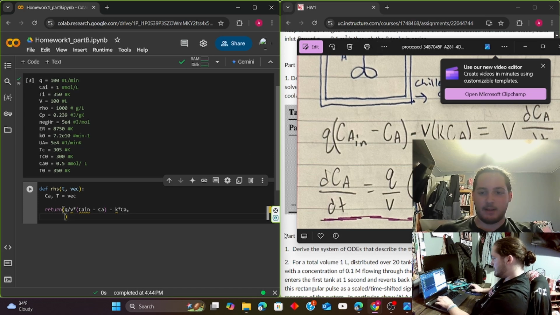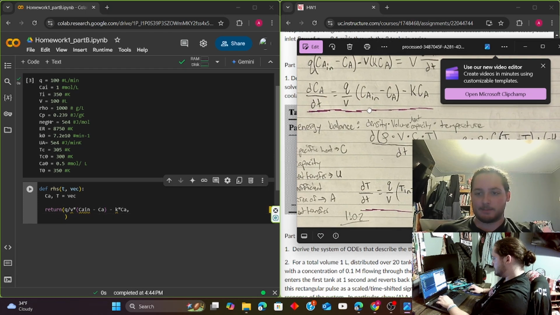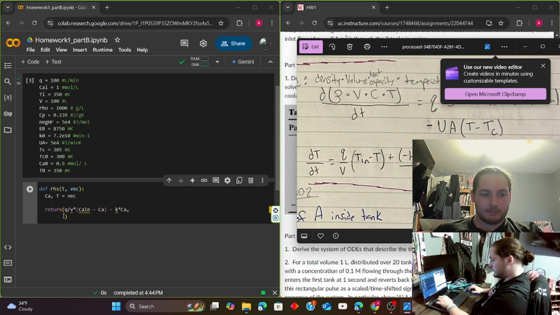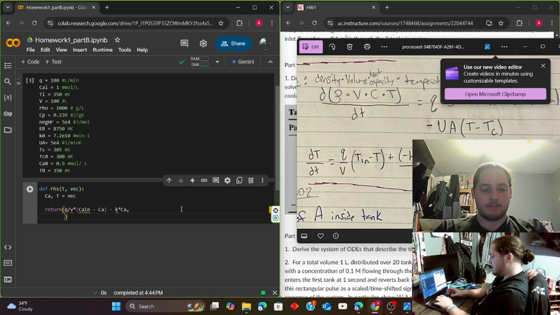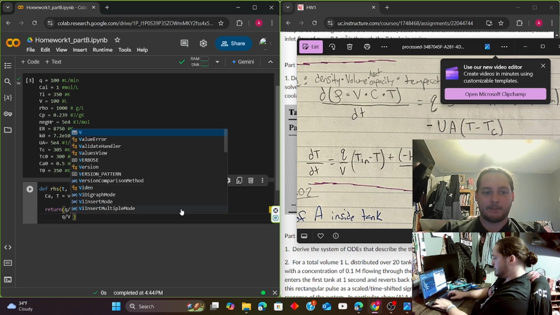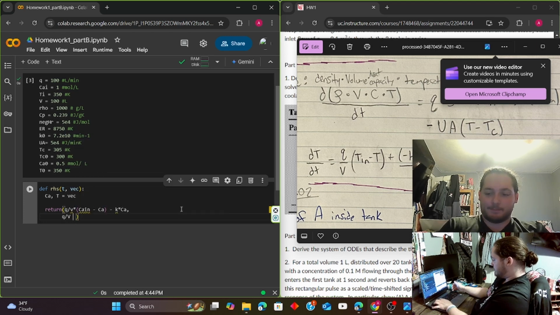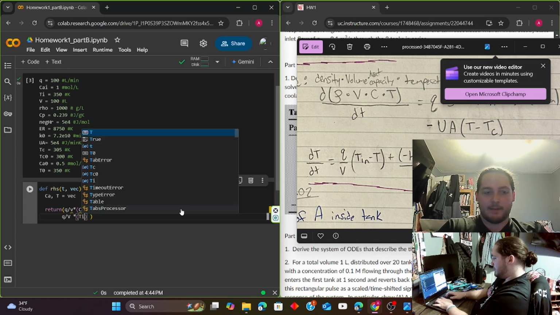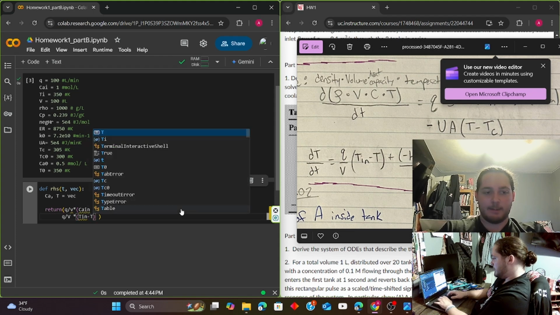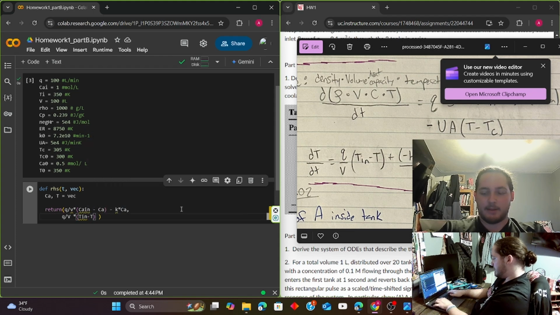And for our second, the right-hand side is equal to Q over V times T in minus T. That is going to be plus.